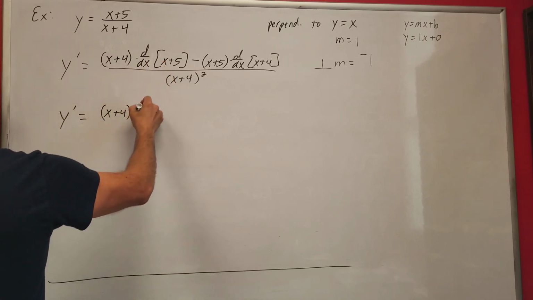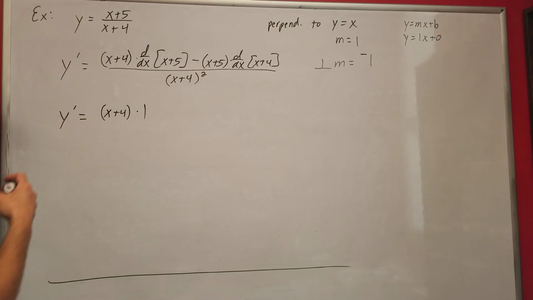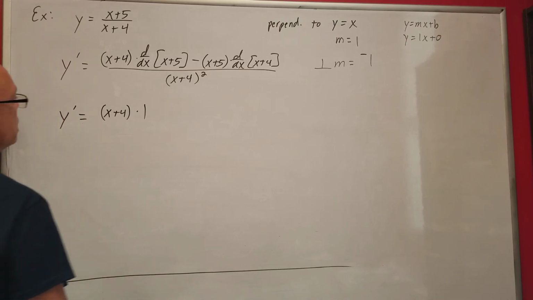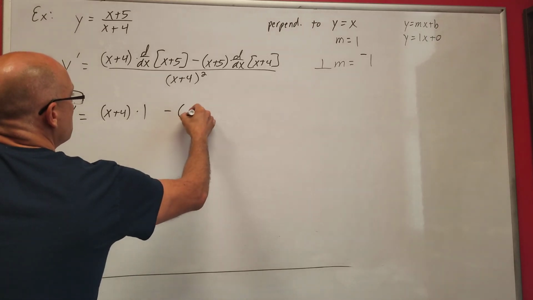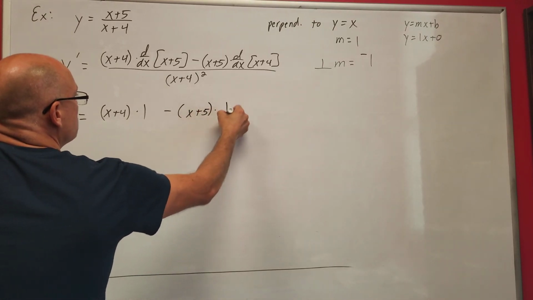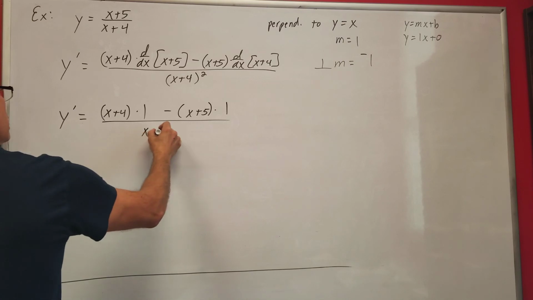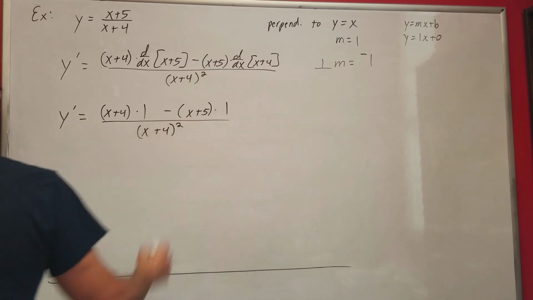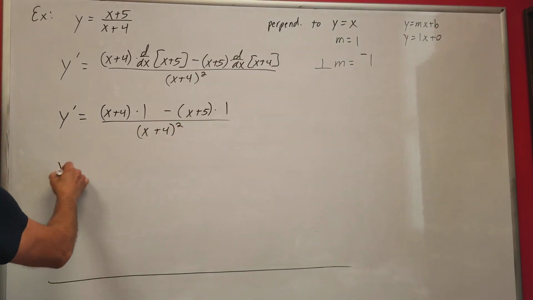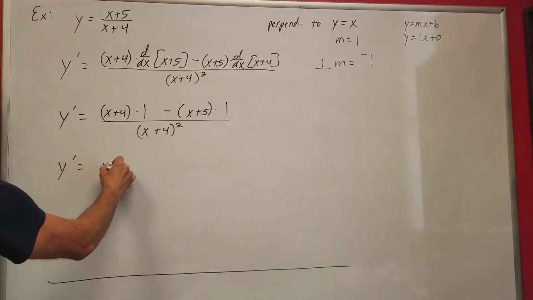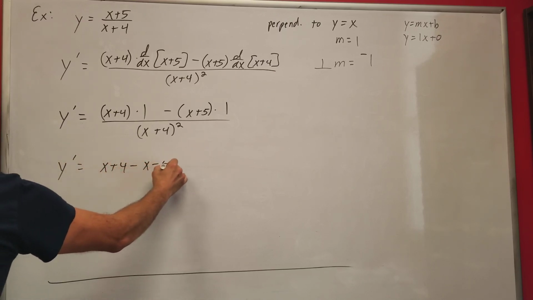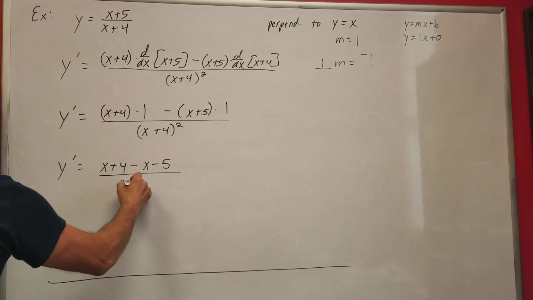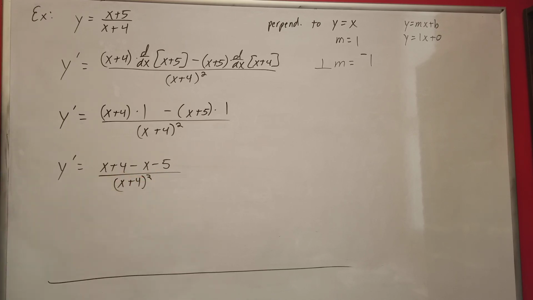What's the derivative of this? 1. Well, you don't have to write it fast. You just got to know it right off the top of your head. You can't pause and then think. Minus x plus 5 times 1 over x plus 4 squared. So that means y prime is x plus 4 minus x minus 5 over x plus 4 squared.